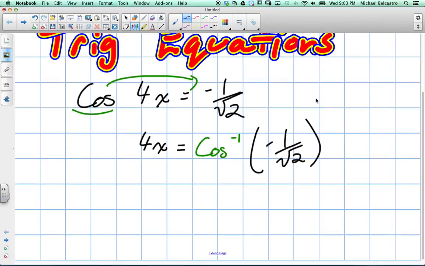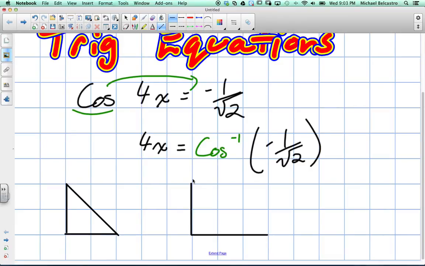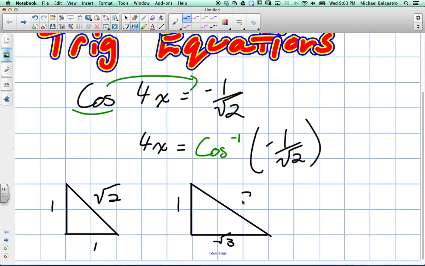Now, you can remember your unit circle for this, or you can use a special triangle. Because there are technically 2 of them, we'll figure out which of the 2 we're going to use. Do you remember the 2 special triangles at all? No? Okay, one of them is 1, 1, root 2, and the other one is 1, root 3, and 2.